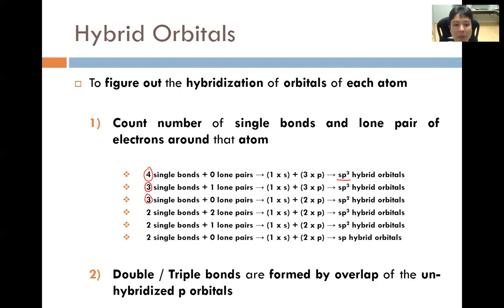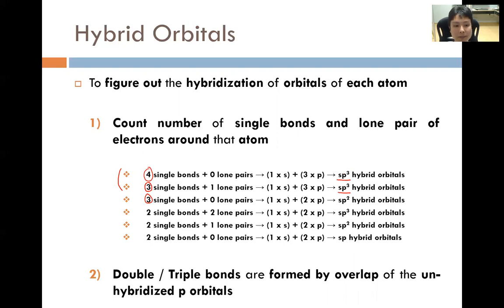If the number of electron domains around the central atom is 4, such as for 4 bonds and 0 lone pairs, or 3 bonds and 1 lone pair, they are all 4 electron domains. If it's 4 electron domains, it will always result in sp3 hybrid orbitals, because we need 4 orbitals pointing in the correct orientation to accommodate the 4 electron domains.